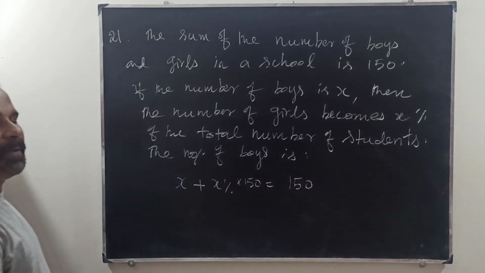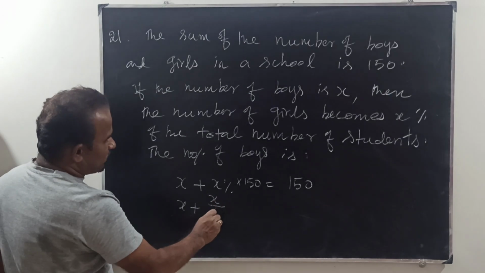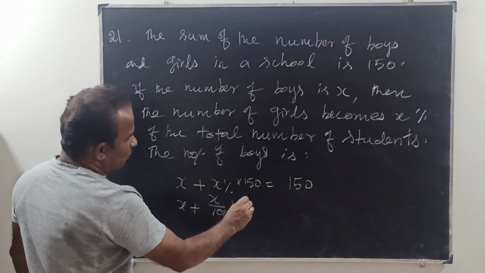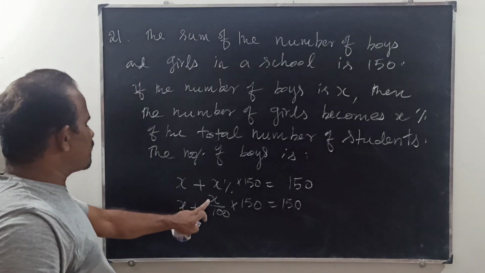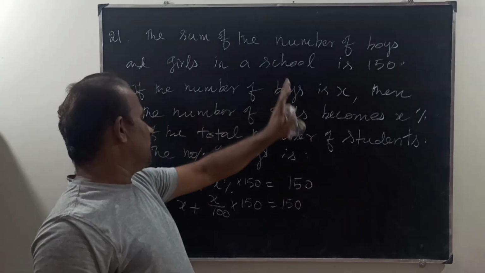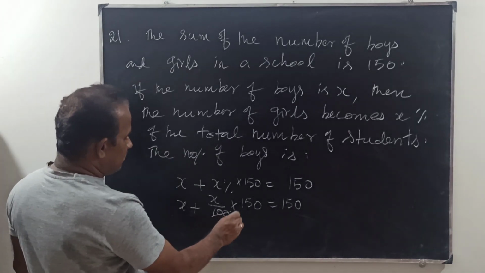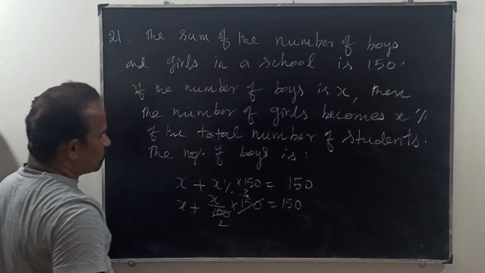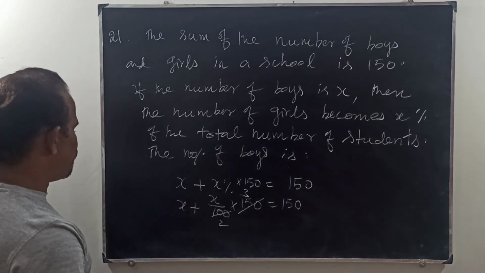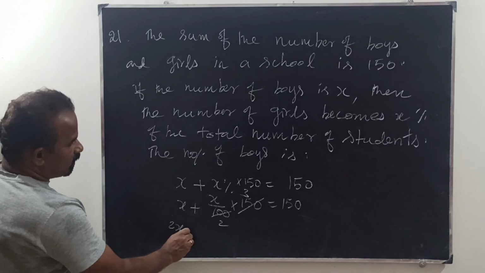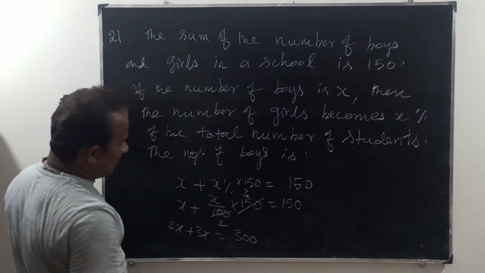That's all. So therefore x plus x by 100 into 150 equal to 150. Then what will be the x? x is nothing but the number of boys, which is our required thing. So x plus 3x by 2, therefore 2x plus 3x is equal to 150 into 2, 300.